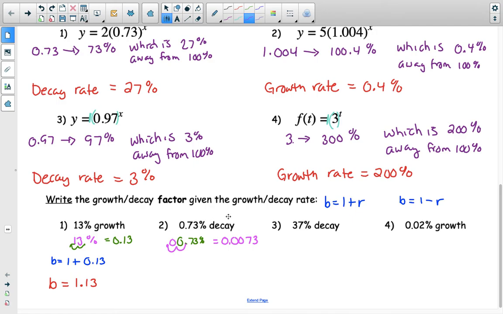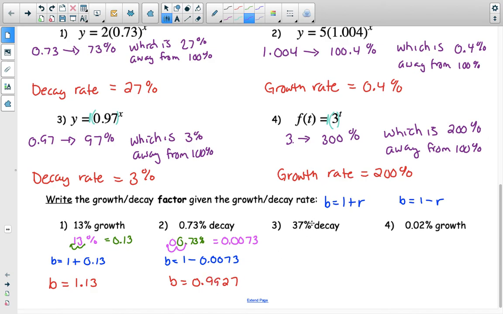Since it is a decay, we're going to do b equals 1 minus 0.0073. So we're actually going to subtract that. We get our decay factor as 0.9927. And again, that's actually subtracting the values. This is the value we would put into our equation for exponential growth and decay. This lets us know that it is decay as well because it's smaller than 1.